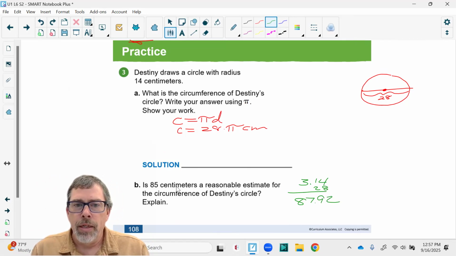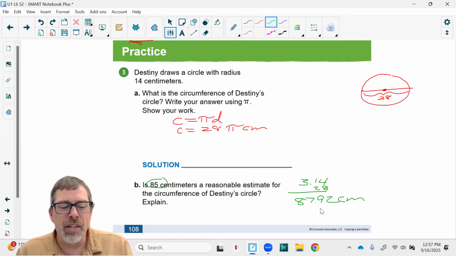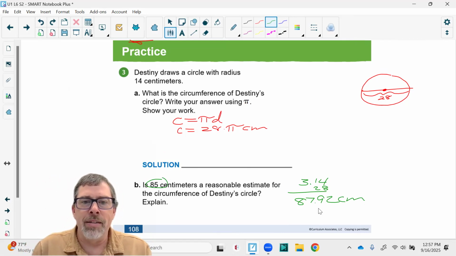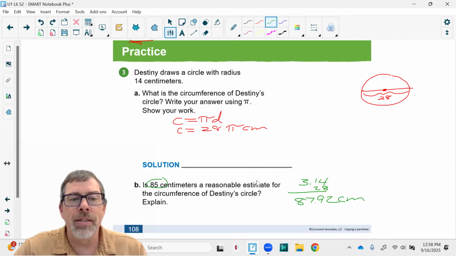Is 85 centimeters a reasonable estimate? So 87.92 cm is the actual. So 85 is fairly close. We're off by 2.92 centimeters. So I would say yes, it is a reasonable estimate.